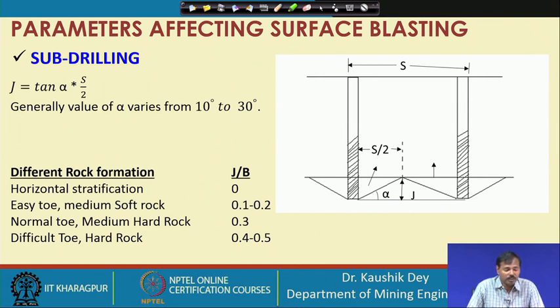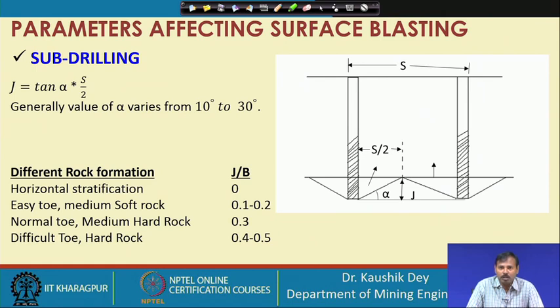But thumb rules are also given for different rock formations, for the sub drilling by burden ratio. For horizontal stratified strata, no sub drilling is required. This is because most bedded deposits or stratified cases are easily separable in layers. So if the blasting is carried out in one layer, sub drilling is not required, because toe formation will not occur.